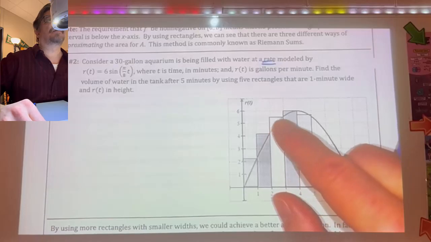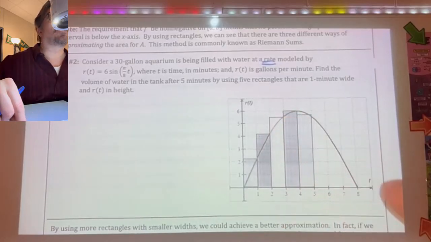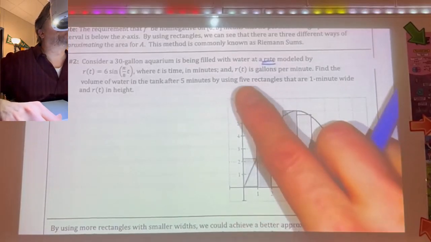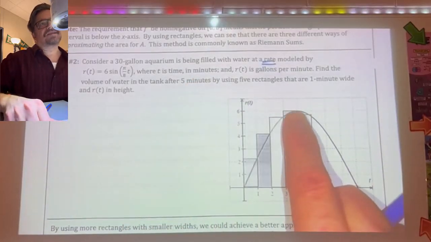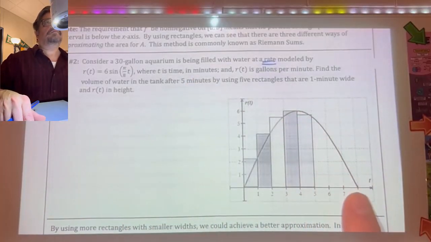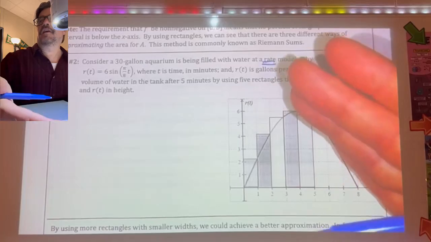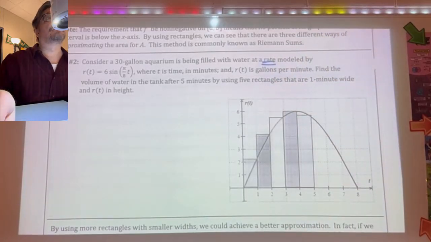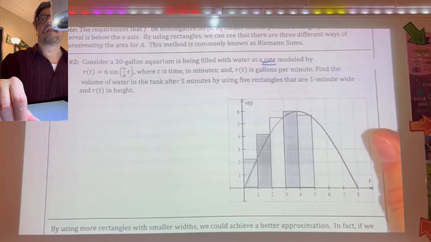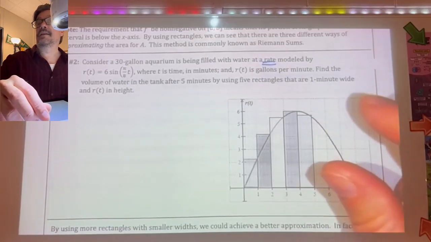The rate gets up to about 6 gallons per minute. And then the whole process starts to slow down. Now, what are we going to find if we find the area of all of these rectangles? How many gallons of water got dumped into the aquarium?